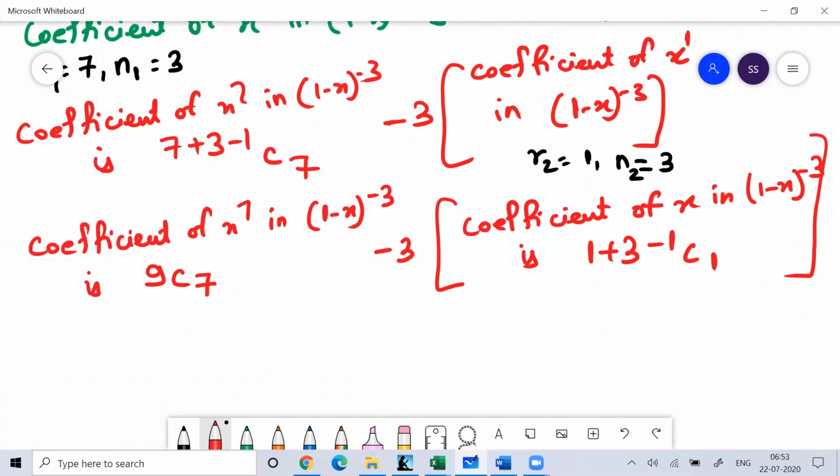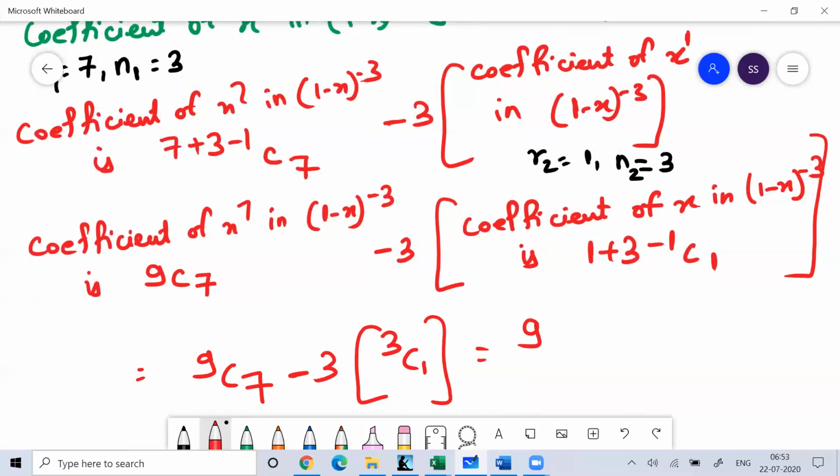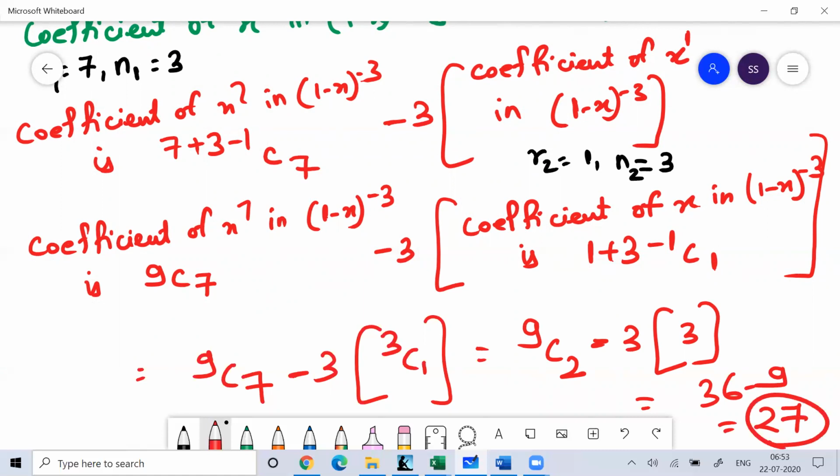So ultimately your answer would be 9C7 minus 3 times 3C1. 9C7 is 9C2, minus 3 times 3C1, which is 3. 9C2 is 36. 36 minus 9. So you get the answer 27.